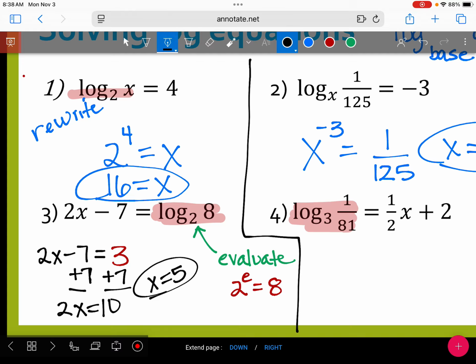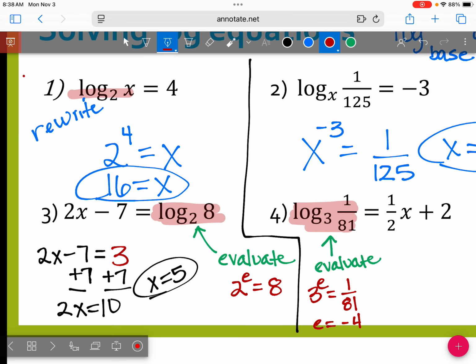To evaluate it, I need to figure out 3 to what power is 1 over 81. What is my power? 4 or -4? I heard -4.